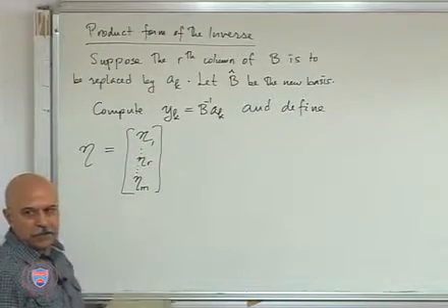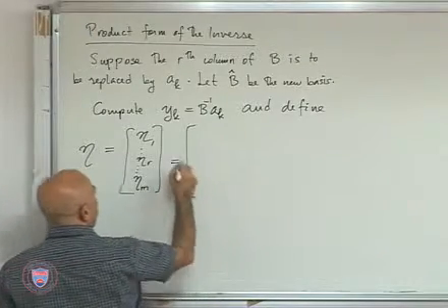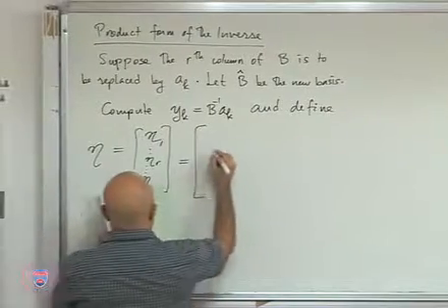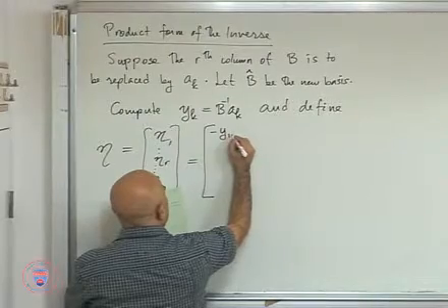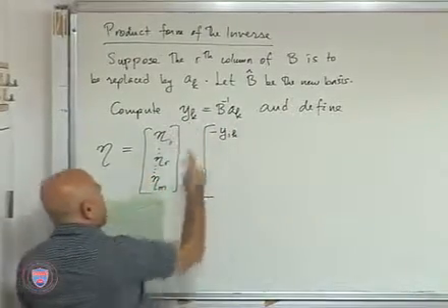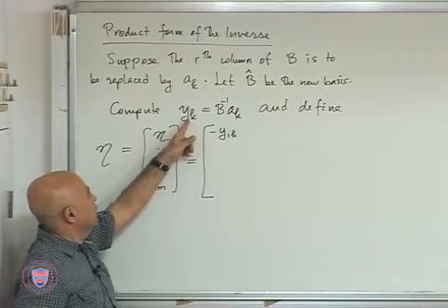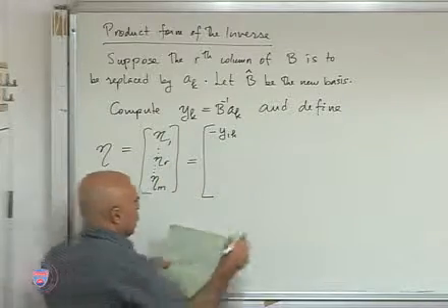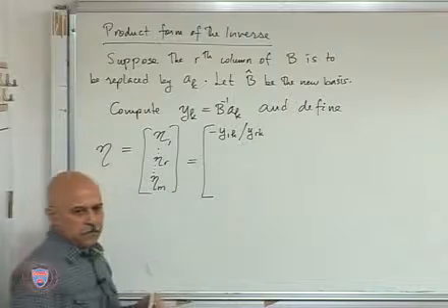All the other ones are defined in a similar way, where all the components except the rth one are simply defined by the negative of the element in that row. In other words, for example, for eta 1, you look at the first element in Yk, take the negative of it, divide it by the pivot element Yrk.